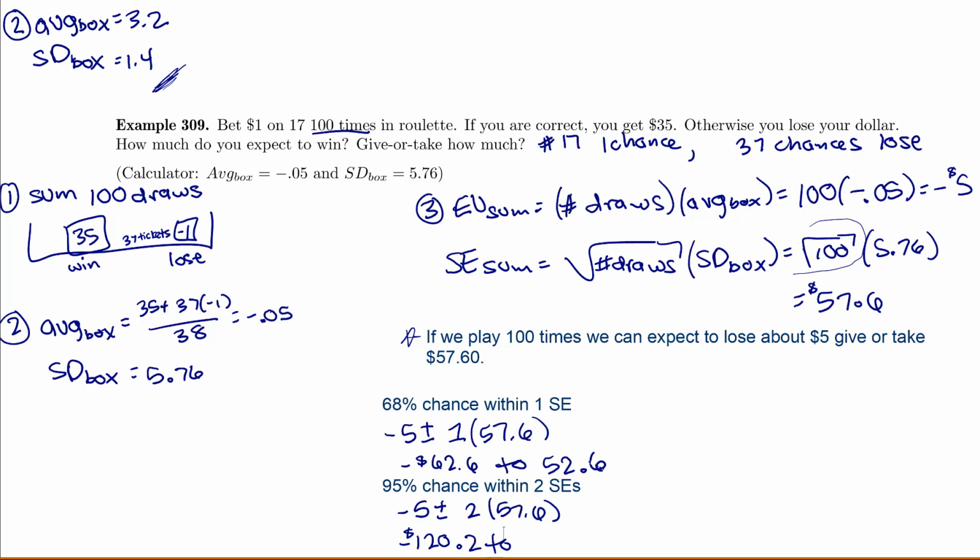And if I add it instead, I get 110.2. So this is actually a fairly nice game in the sense that you could almost win as much as you might lose. If you play 100 times, there's a 95% chance you're either going to win up to $100 or lose up to $100-ish.